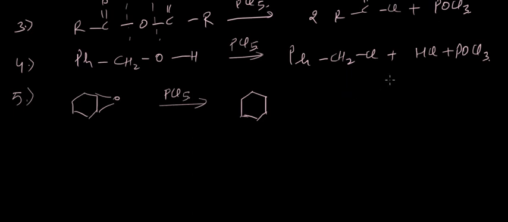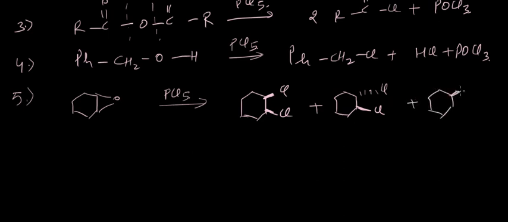So we can say that when Cl minus attacks R plus, it can attack from both the sides. So we can have either this one, or we can have this one. So this should be the range of products formed.